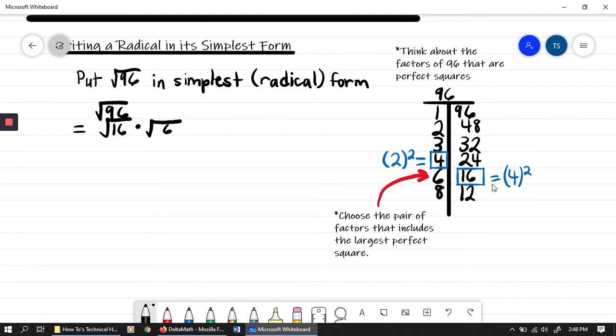After we've split it up, one of these square roots simplifies. That was our whole purpose of choosing a perfect square factor, because the square root of 16 is 4. So now we can write this as 4 times the square root of 6.